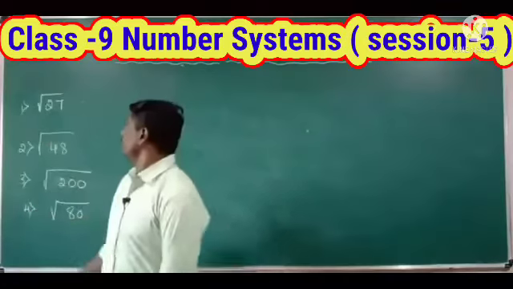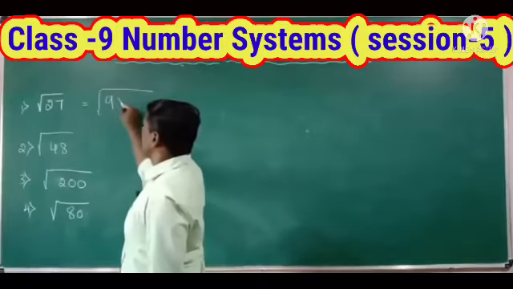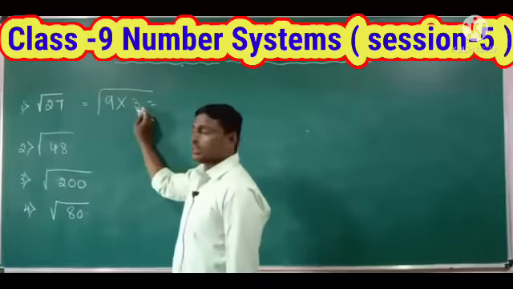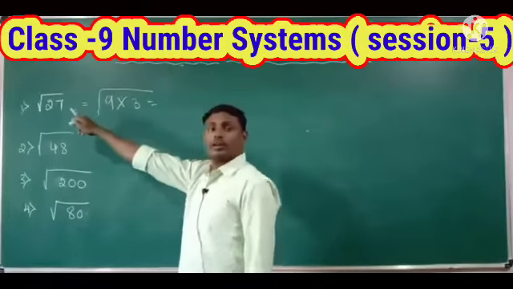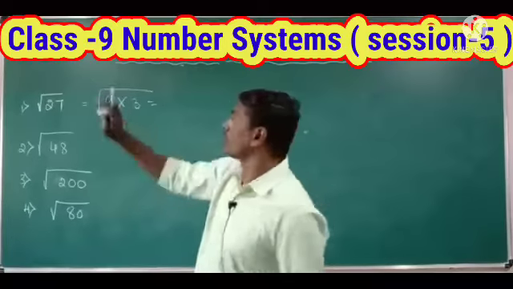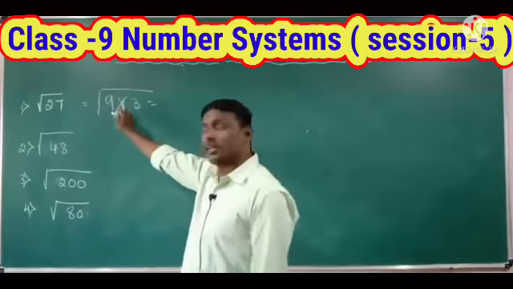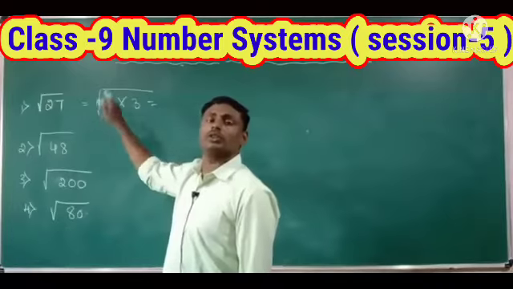I can split root 27 as the square root of 9 into 3. While splitting the number inside the square root, at least one factor should be a perfect square number.